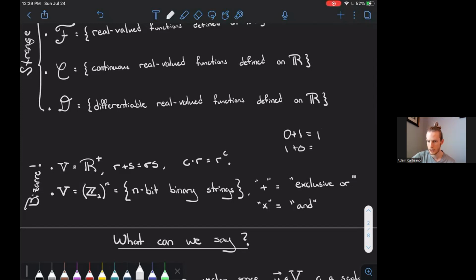So exclusive OR, for those of you who haven't taken computer science, says that it'll take two inputs. If both are false or if both are true, then the output of the exclusive OR is false. And if precisely one of the two inputs is true and the other is false, then it will return an output of true. So 0 plus 0 is 0, and also 1 plus 1 is 0, right? Because both of the inputs were true, but it's an exclusive OR.